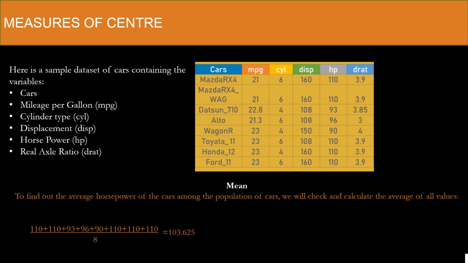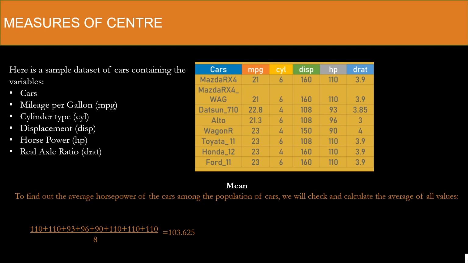Let's say that you want to find out the mean or the average horsepower of the cars among the population of cars. Like I mentioned earlier, you will check the average of all the values. In this case, we will take the sum of the horsepower of each car and divide that by the total number of cars. That's exactly what I have done here in the calculation part.